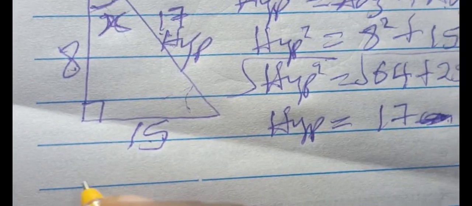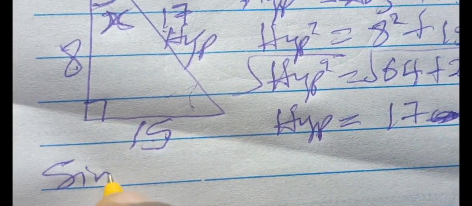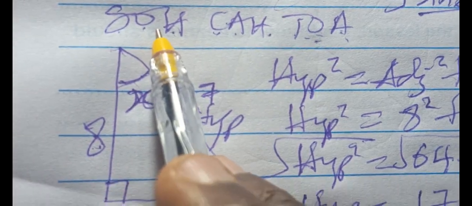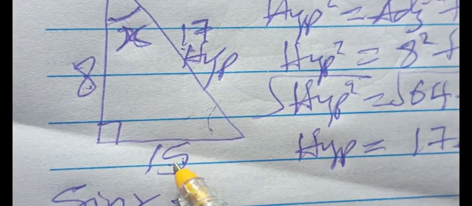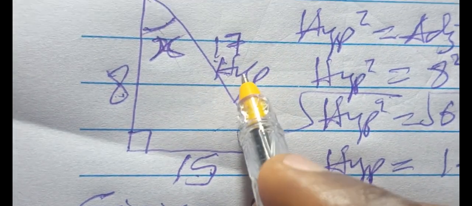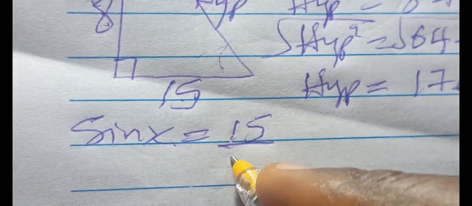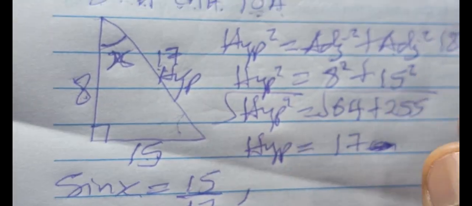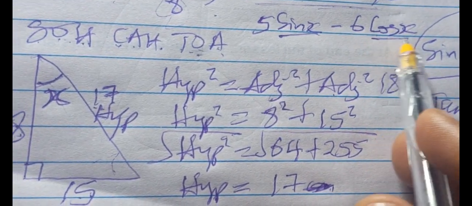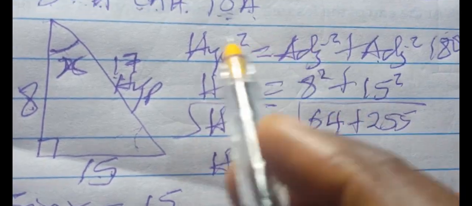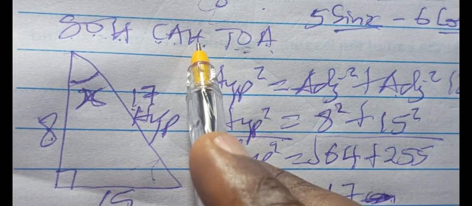Sine x means opposite over hypotenuse. Here, this is our opposite, and this is our hypotenuse, 17. Now, we also need cos. Our cos x will be equal to adjacent over hypotenuse.